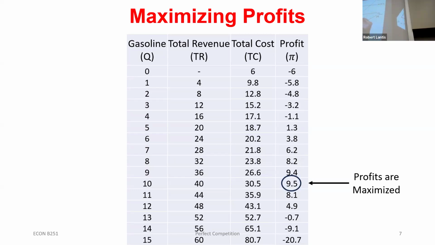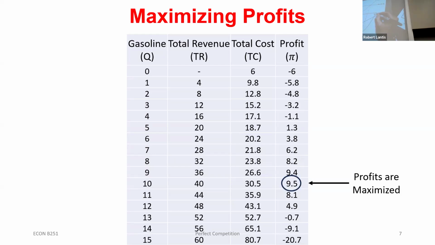So if we think about total revenues and my total costs, if I've got total costs, it looks something like this. So here's my total costs, right?